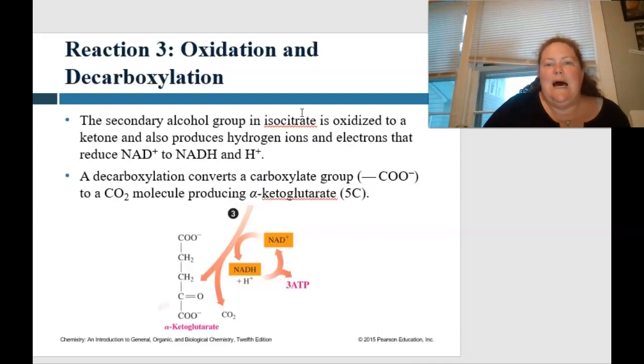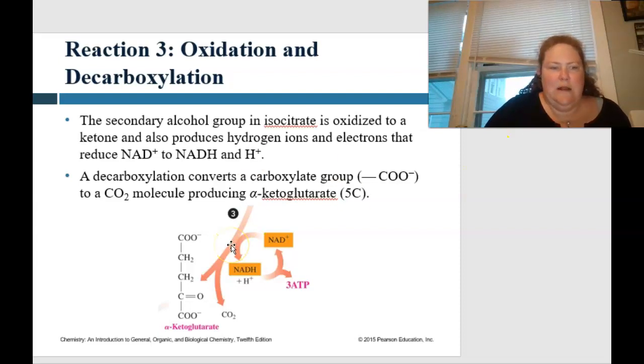Step 3 is then the oxidation and decarboxylation. The secondary alcohol group in isocitrate is oxidized to a ketone and also produces hydrogen ions and electrons that reduce NAD+ to NADH and an extra hydrogen. And then a decarboxylation reaction converts a carboxylate group, which is COO-, to a CO2 molecule, producing alpha-ketoglutarate, and that's 5 carbons long.